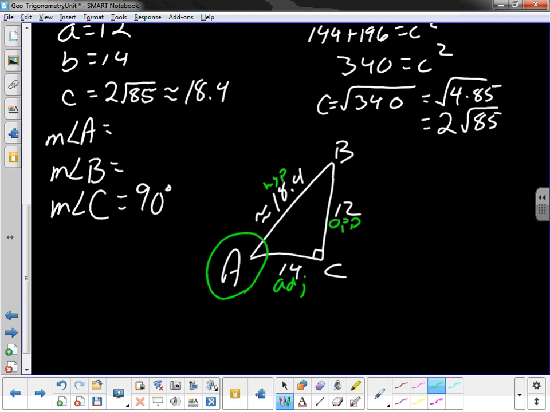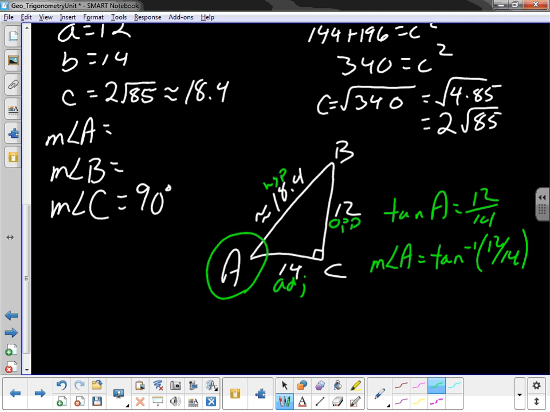So opposite and adjacent is tangent. So the tangent of angle A would be 12 over 14, which means the measure of angle A is the arctangent of 12 fourteenths. And the arctangent of 12 fourteenths gets us a number that's around 40.6 degrees.